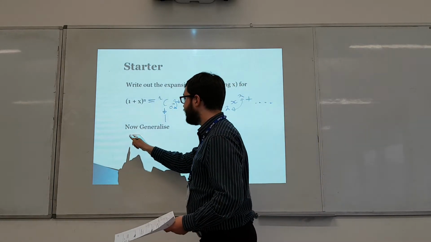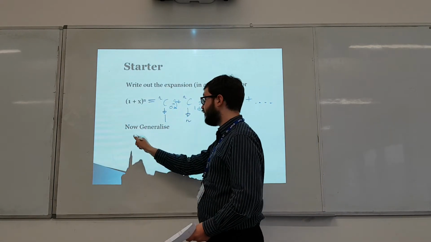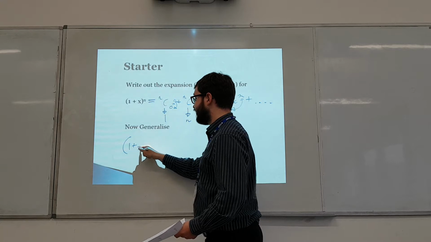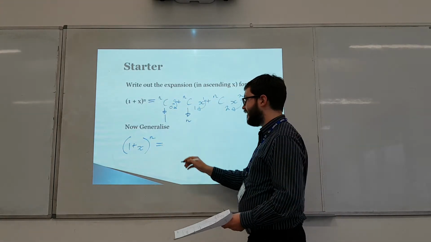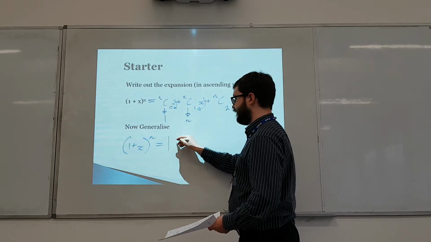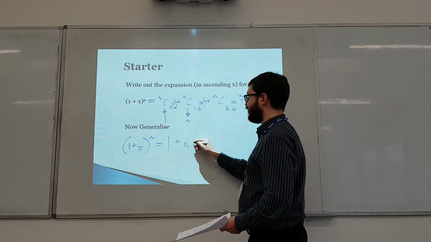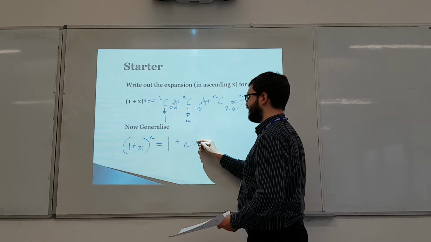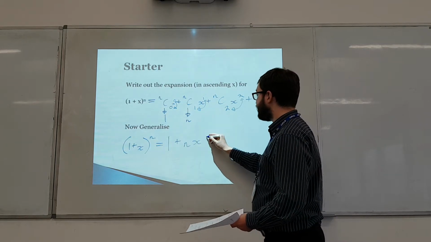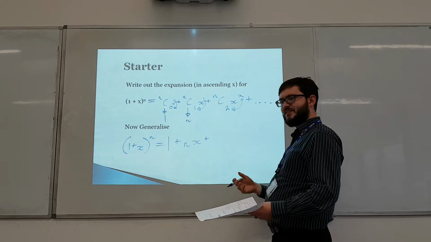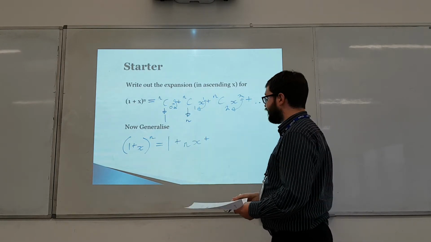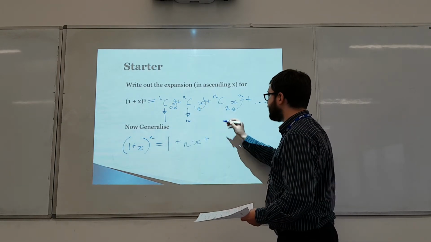So, we've still got the same starting point, 1 plus x to the power of n, but now we can rewrite it as 1 for the first term plus n lots of x for the second term, and then we've got n choose 2. Now, that one's harder to think about from a standing start, but here it is.